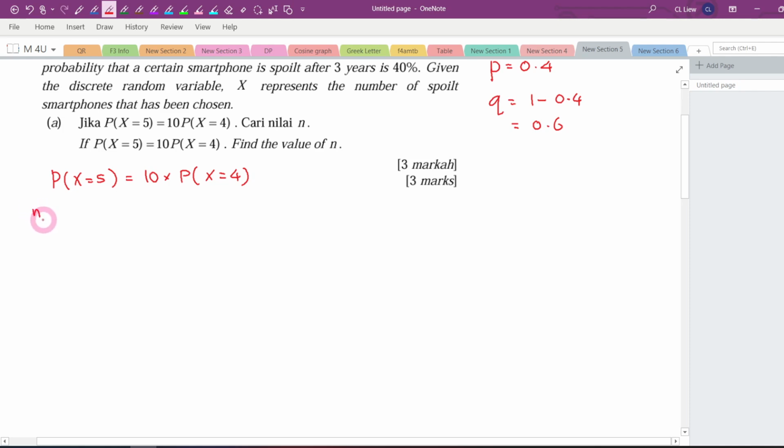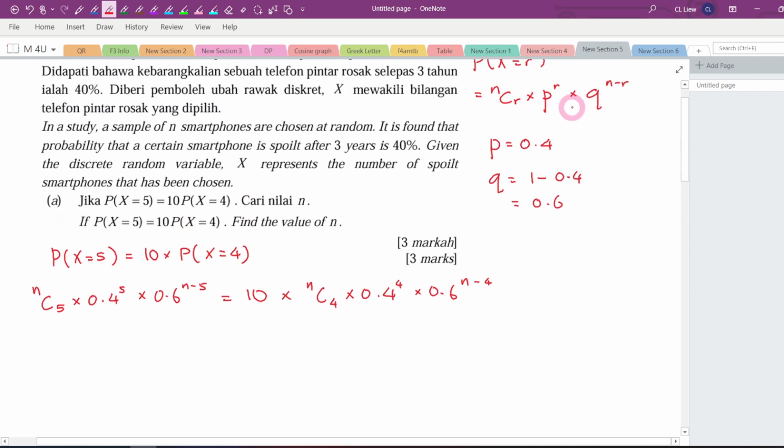And I don't know n, I want to find n. nC5 times 0.4 raised to the power of 5 times 0.6 raised to the power of n minus 5. Here copy the 10. Okay, this is nC4 times 0.4 raised to the power of 4 times 0.6 raised to the power of n minus 4.